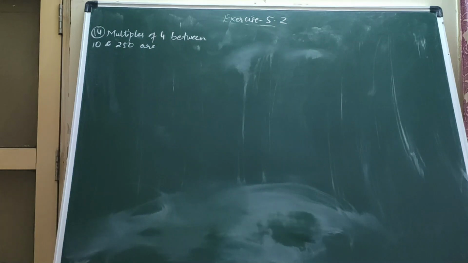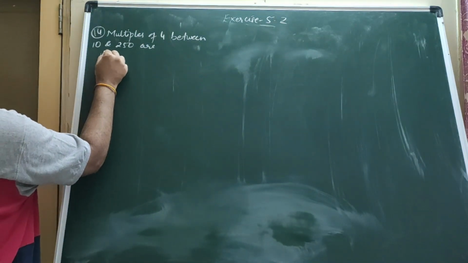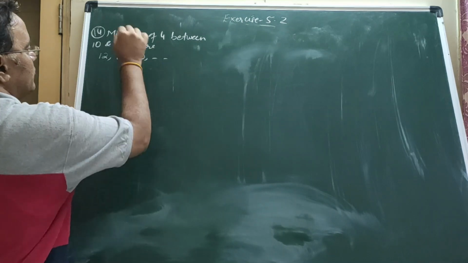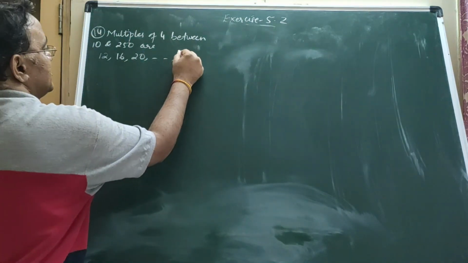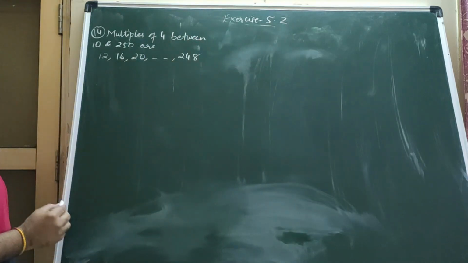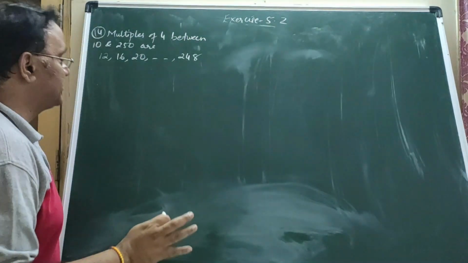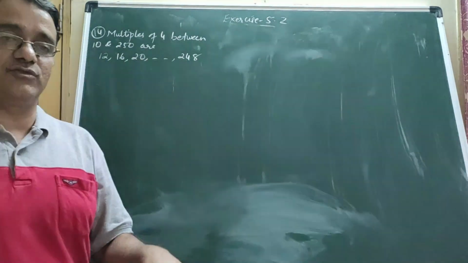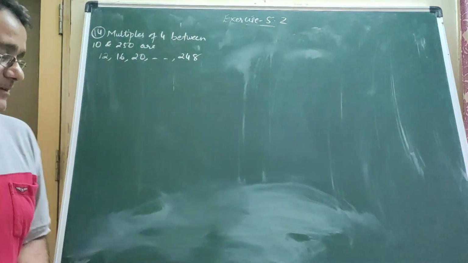What is the first multiple after 10? 12, then 16, then 20, and what is the last multiple? 248. So how many multiples it has been asked? So 248 हम लोग का कौन सा टर्म होगा? That we have to find. That means we need to find the value of n.